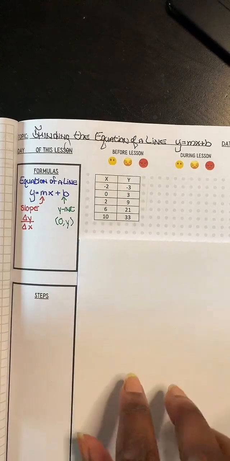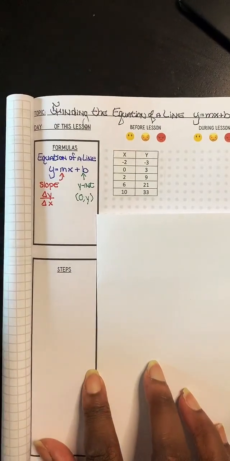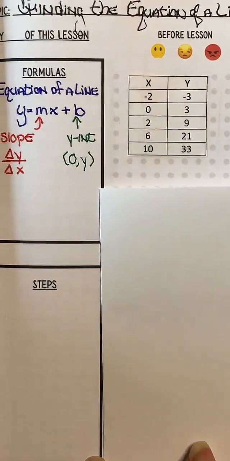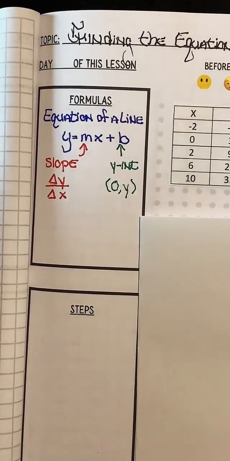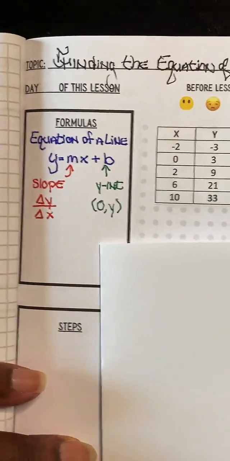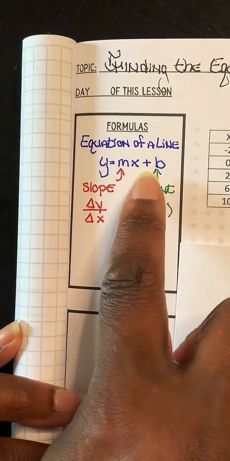All right. So first thing, let's refresh our memory. What is the equation of the line? Let me zoom in for all my peeps. All right, so the equation of the line is simply y equals mx plus b.